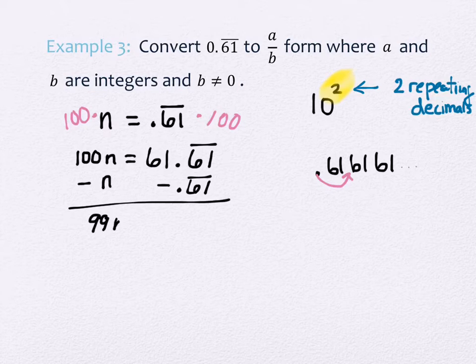On the right, and this is why we multiplied by 100 as opposed to, say, 10 or 1,000, we want the repeating part to line up. Doesn't it? 61 lines up with 61. So what happens? Yeah, they cancel out. They subtract out to 0. So I'm still left with the 61 before the decimal point, but the 0.61 after the decimal point gets eliminated. No more repeating decimal.